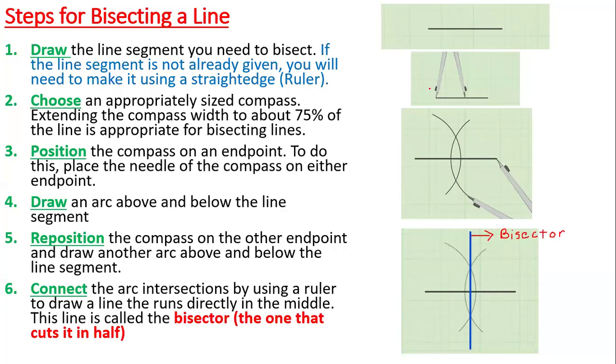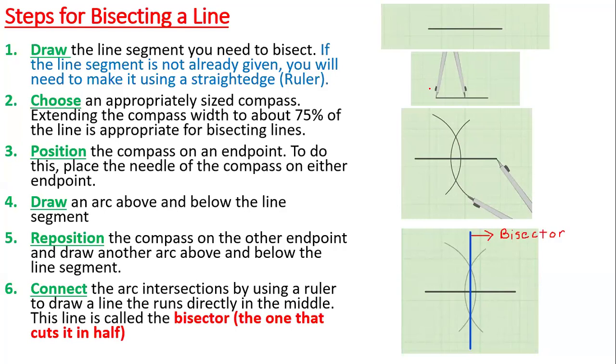Go ahead, Daniel Johnson. So, read the first 3 steps. Number 1, draw the line segment you need to bisect.